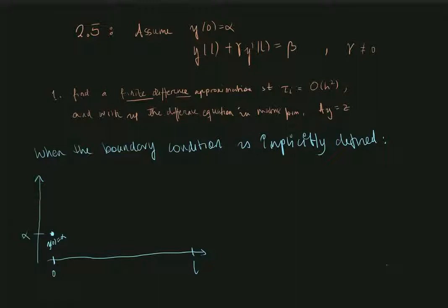And before I could also say, well, y of L is equal to beta, and then draw a point. So I had two very explicit boundary conditions. But I don't have that anymore. Because here, all I know is y of L plus something else is equal to beta, and this something else is quite unknown for me because I do not know what y prime of L is. So what do I do?